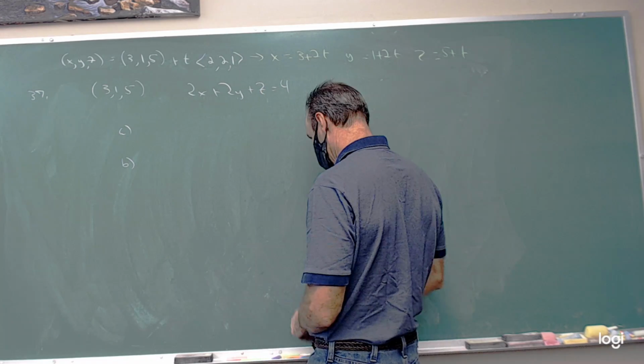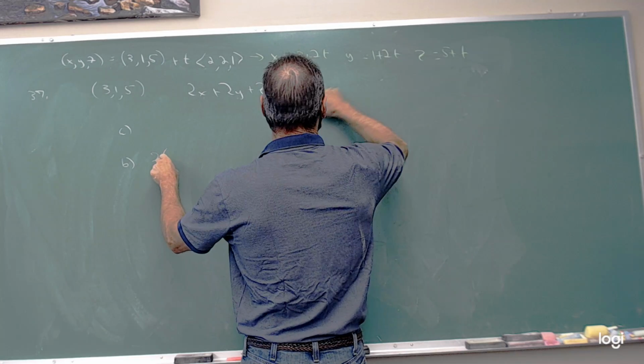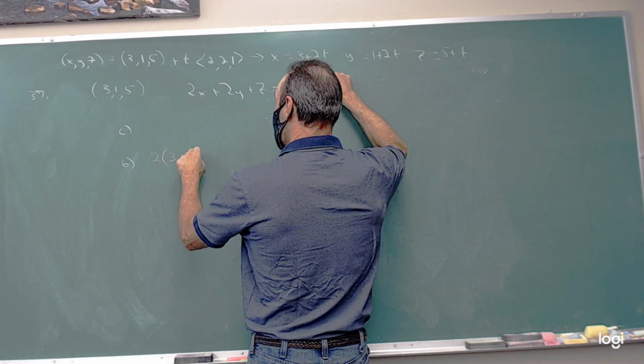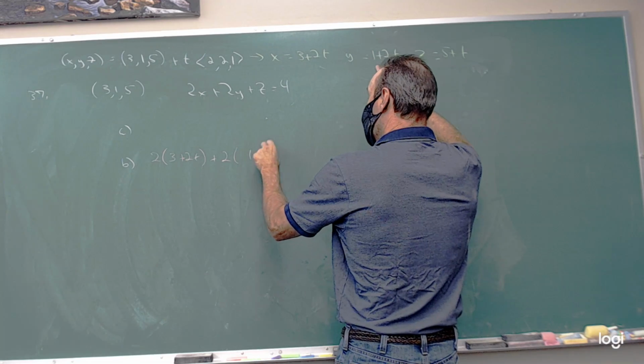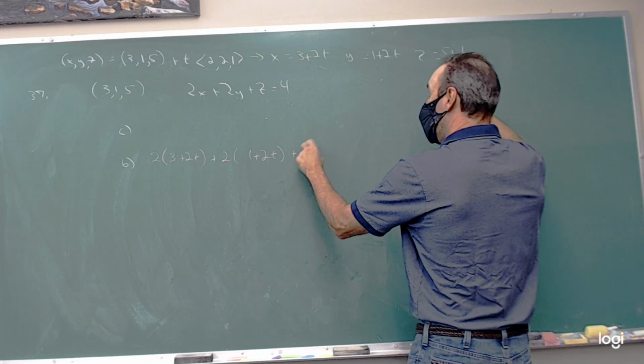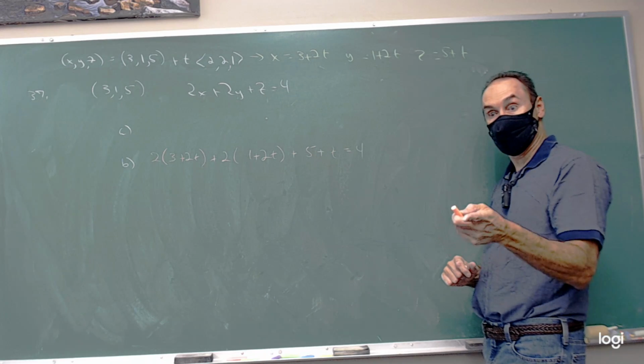Okay. So we are going to say that we have 2 times (3 plus 2t) plus 2 times (1 plus 2t) plus (5 plus t) equals 4. See where I've done that? Okay.